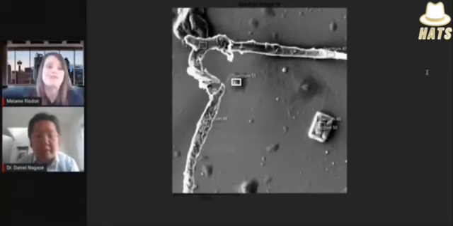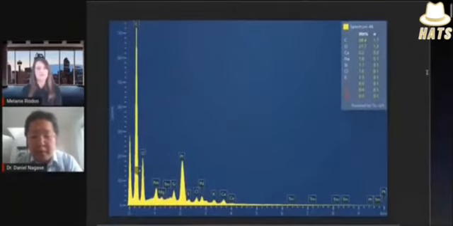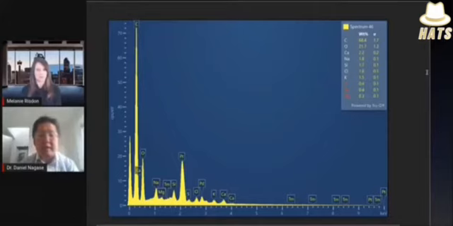Similar to the Moderna samples, the Pfizer sample also had fiber-like structures. So we have a fiber-like structure from a Pfizer sample, and spectrum 46 is on the fiber, spectrum 48 is on the fiber, and spectrum 49 and 50 are from the crystal. Let's scroll down there. So 46, which was also on the fiber, is carbon, oxygen, calcium, some magnesium, some silicon, and a bit of an unusual element from the lanthanide series, TM.